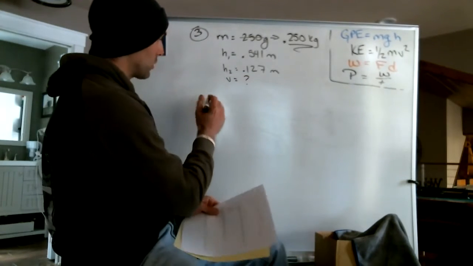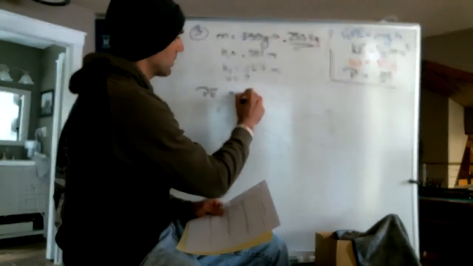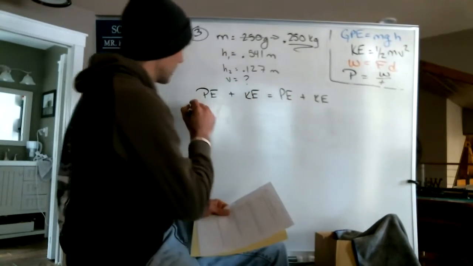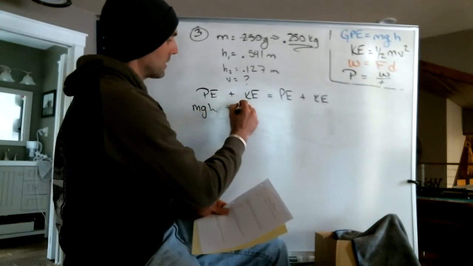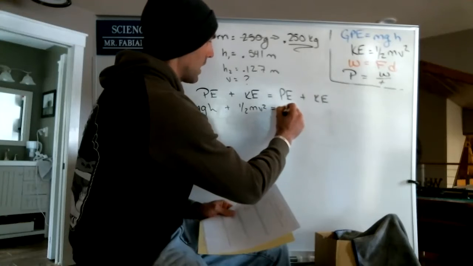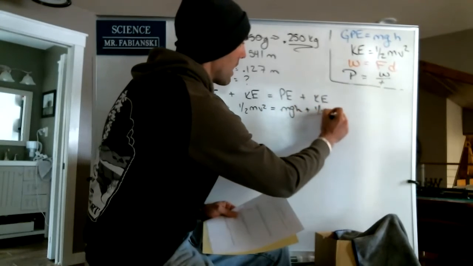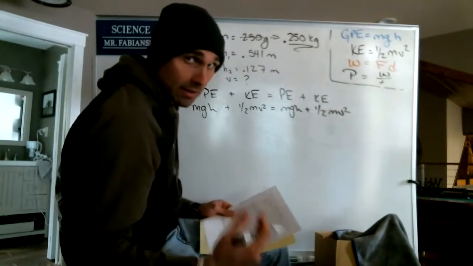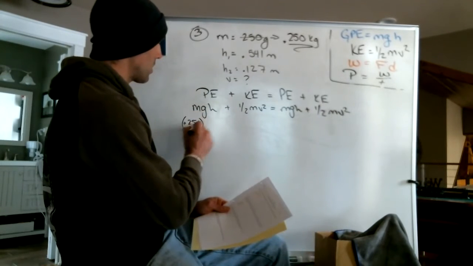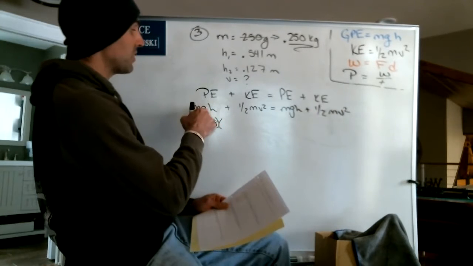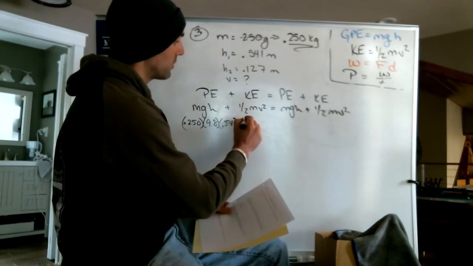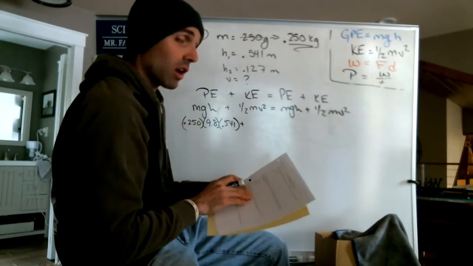So let's set up our traditional equation: PE plus KE equals PE plus KE. mgh plus 1/2 mv squared equals mgh plus 1/2 mv squared. Let's plug things in. 0.250 times 9.8 times the first height, 0.541, plus, now, it starts from rest.